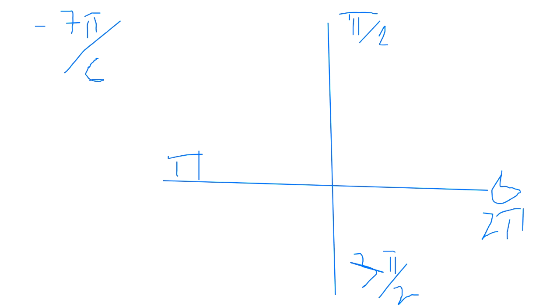So with this, as I say, if you are not too sure where 7 over 6 pi is, just convert to degrees. So 7 pi over 6 times 180 over pi.